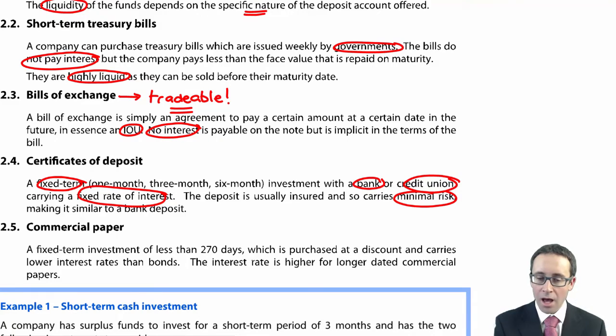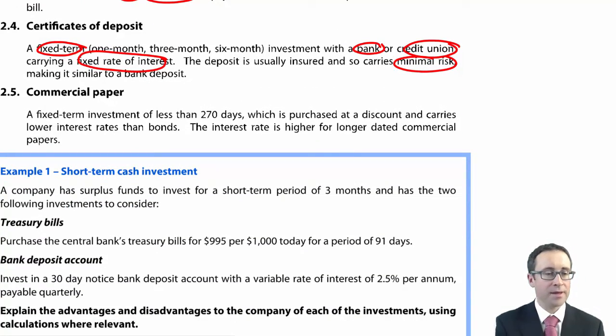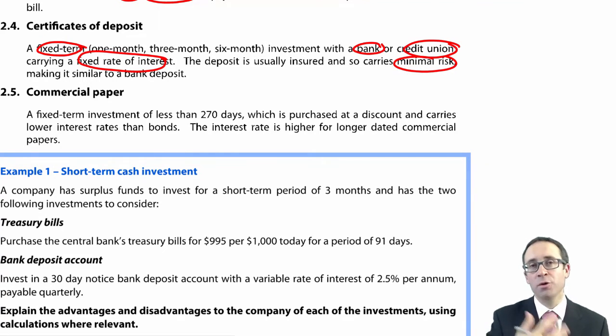Okay, you've then got your commercial paper. Again, what a commercial paper is, let's think about that first before we think about the investment. It is whereby a company issues commercial paper as a method of financing its working capital. Okay, similar then to a certificate of deposit, it is then tradable, and that's where we come in as the investor.